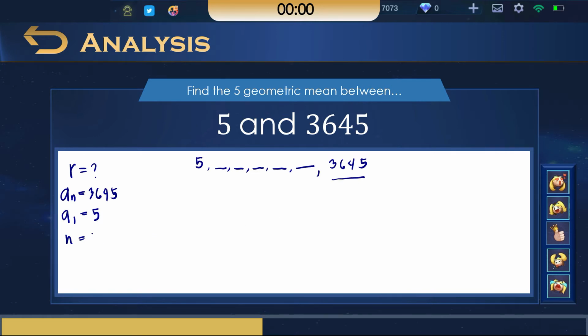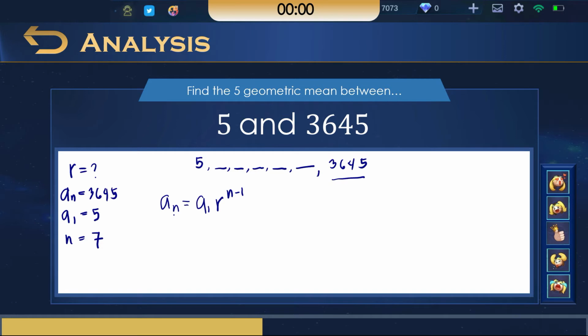Now, our n will be 7 since 3,645 is the seventh term of this sequence. And using the formula a while ago, which is a sub n is equal to a sub 1 times r raised to n minus 1, we can now find the common ratio.